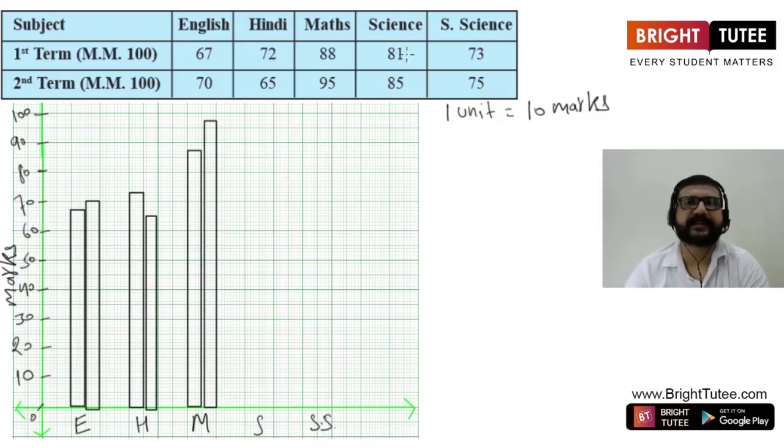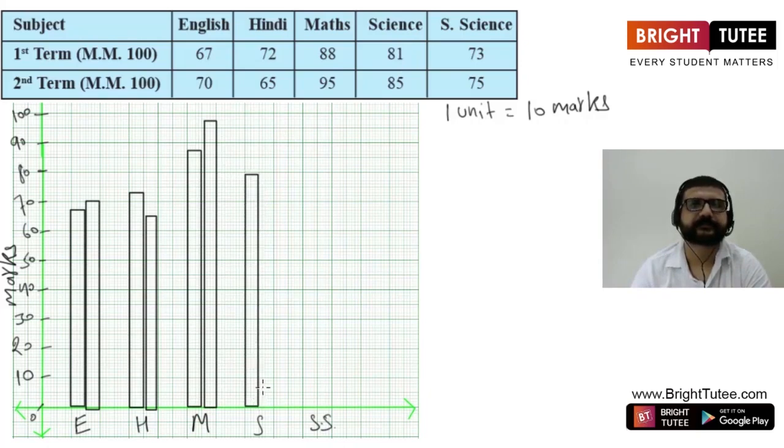And then in science it is 81 marks in first term. So the graph will be like this. And then 85 marks in the second term. So the graph will be like this.